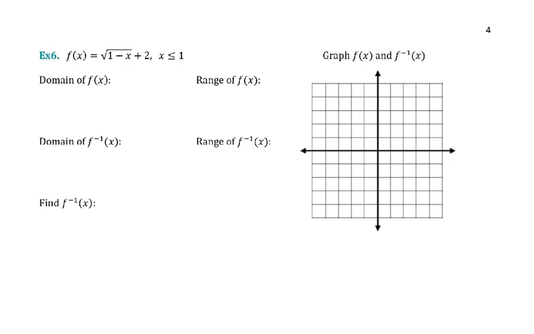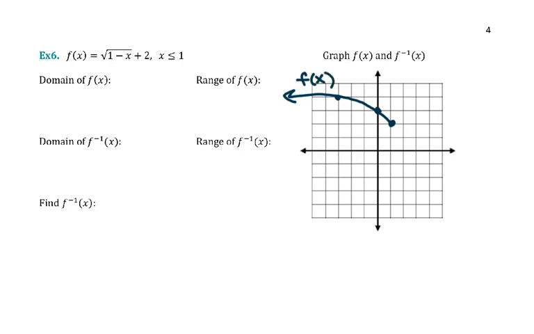So graphing this, the original function shifted up 2 units and right 1, and instead of opening to the right, as we would expect, it opens to the left. So this is my inverse function.